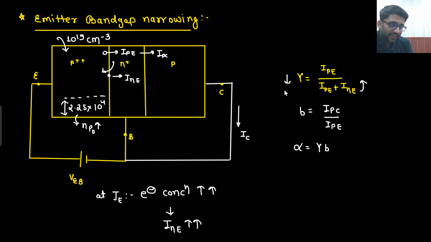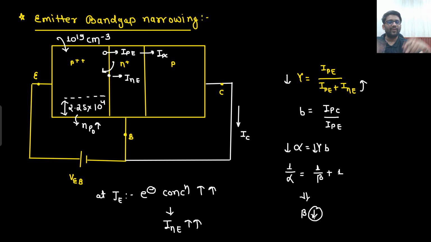If this value has increased, that means alpha has gone down. And what is the relation, 1 by alpha equals 1 by beta plus 1? Both are proportional to each other, that means beta will also go down. So only one liner you can remember: at very high doping, beta will decrease. Why it will decrease? This is the explanation.